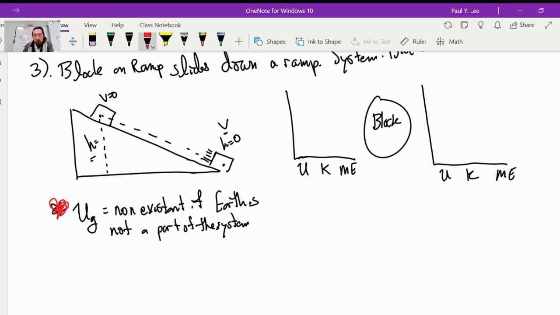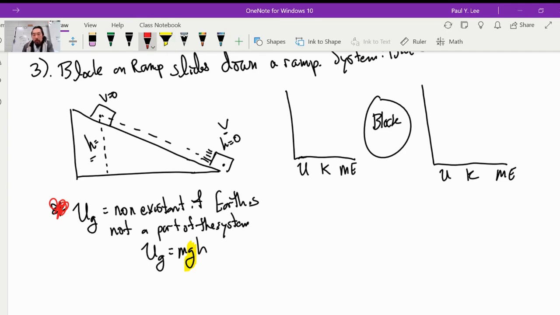The gravitational potential energy does not exist if the Earth is not a part of the system, and the reason for that is because UG is equal to mgh, and that g, that acceleration due to gravity, that's that gravitational field variable that we were talking about, right? So if the Earth is not a part of the system, we can't store energy in the gravitational field.